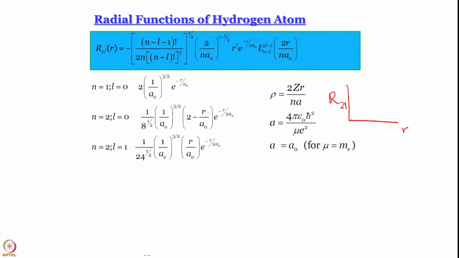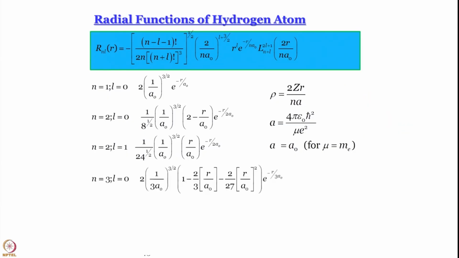So, at r equal to 0 the function is 0, at r equal to infinity also it is 0. So, it goes through a maximum. What is the value of r where the maximum arises? Well, you just differentiate this and equate to 0, you will find the value of r where this function goes through a maximum. It is very simple differentiation.